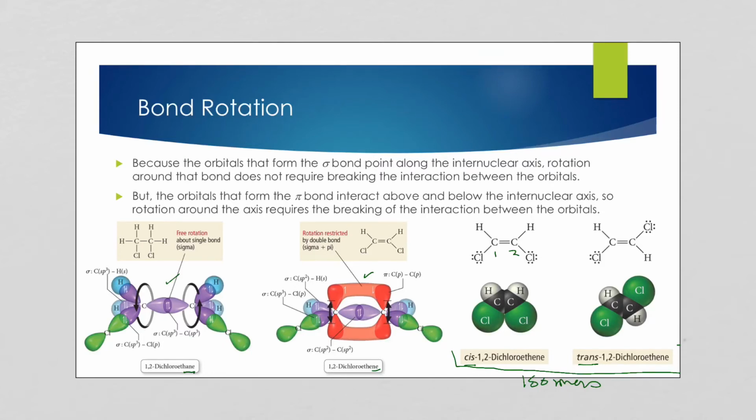So again, there are some real world consequences, or real world properties, that we see with the presence of, in this case, a double bond, and understanding a little bit about how these bonds form, and the idea of sigma versus pi, helps us explain this behavior. So again, we're using the bonding theory to help us understand the properties, right? To explain what we observe.